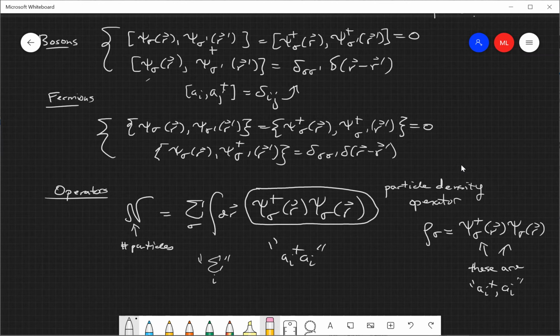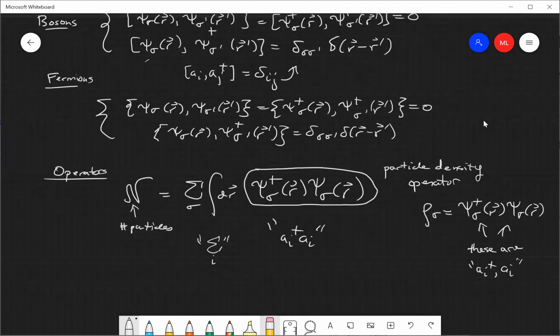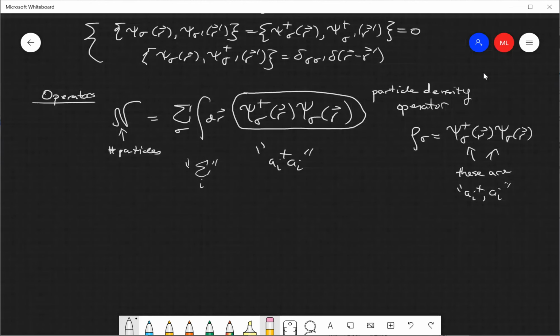That's a little hand-wavy way of thinking about why it's called second quantization, but it's mostly a historical accident. It's probably not a very good name, because you're not really second quantizing anything. It's just a name for this procedure.